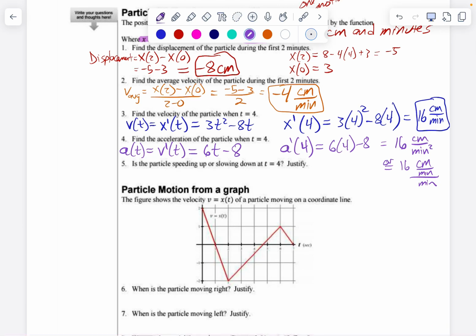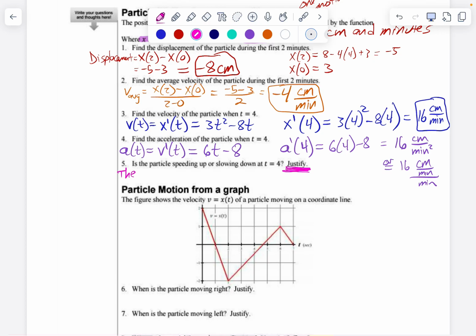Okay, note the word justify in this one. Very often, it's nice to start with your justification. So what is the justification? How do we know something is speeding up? Okay. The velocity and the acceleration have the same sign.